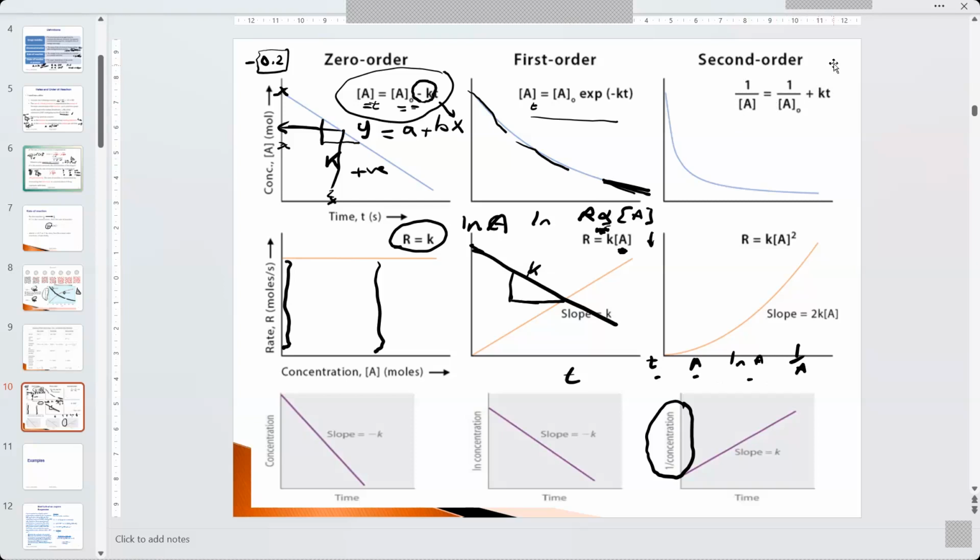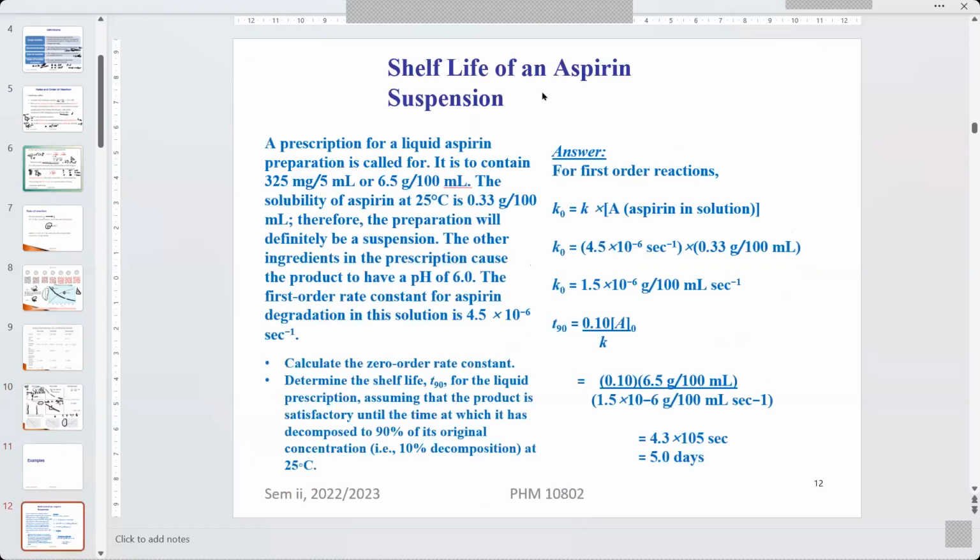Okay. Second order is maybe not very important. We usually experience zero or first order in our studies, which are more common. So try to remember especially the first and zero order very well.